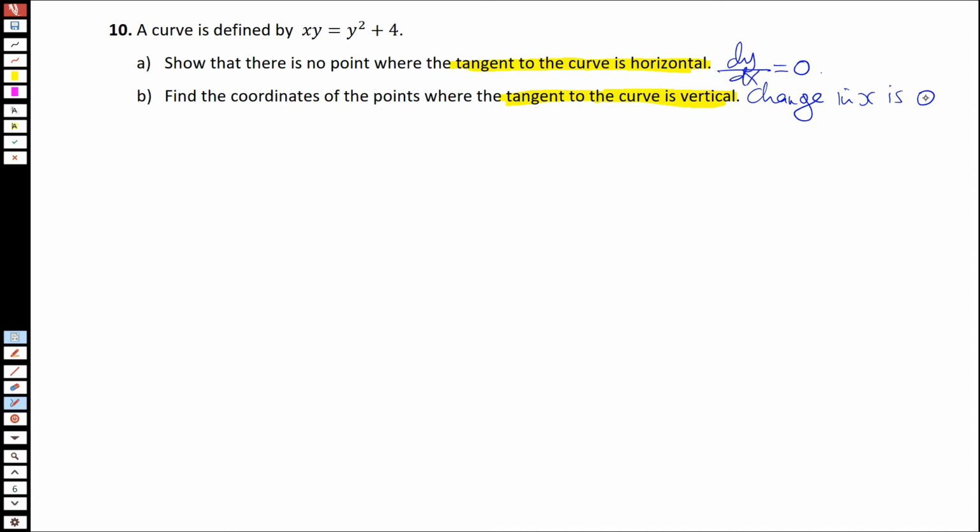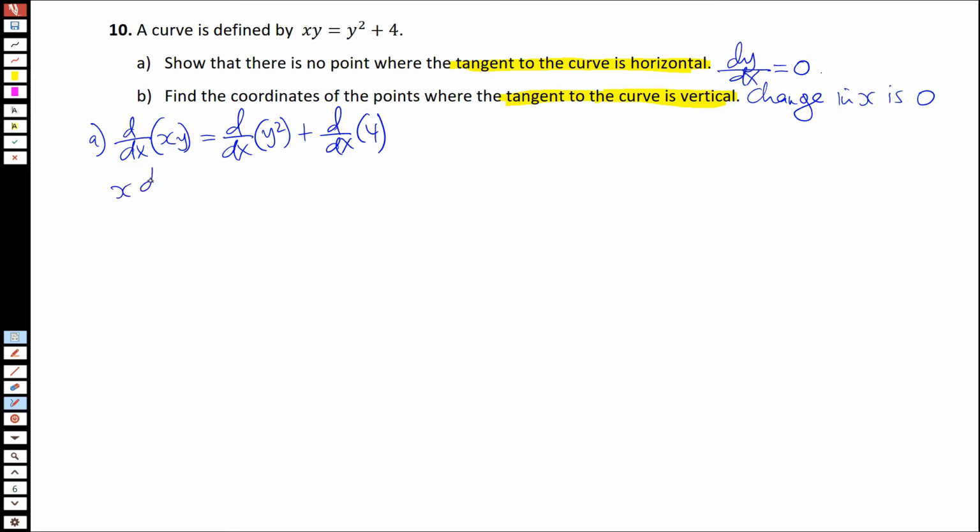Of course, for us to show that there's no point where dy over dx equals 0, we have to find dy over dx. So for part A, to find dy over dx, we have to differentiate this equation implicitly. Just differentiate each term. Because this is a product of two functions, we have to apply the product rule.